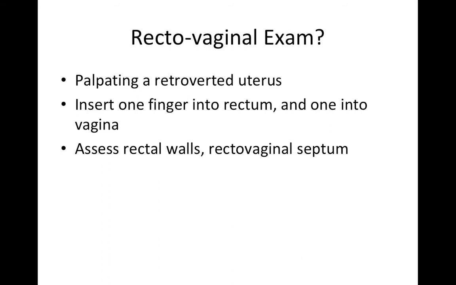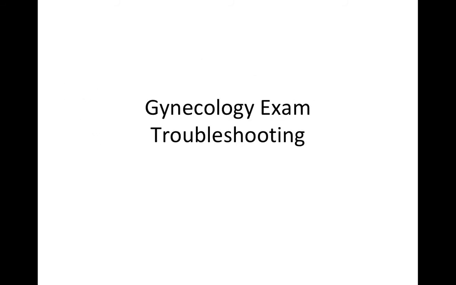You insert one finger into the rectum and one into the vagina, and assess the rectal wall. If you're concerned about endometriosis, you can also look for adhesions on the recto-vaginal wall or the septum. That can be a useful tool in certain clinical situations. I don't do them very often.